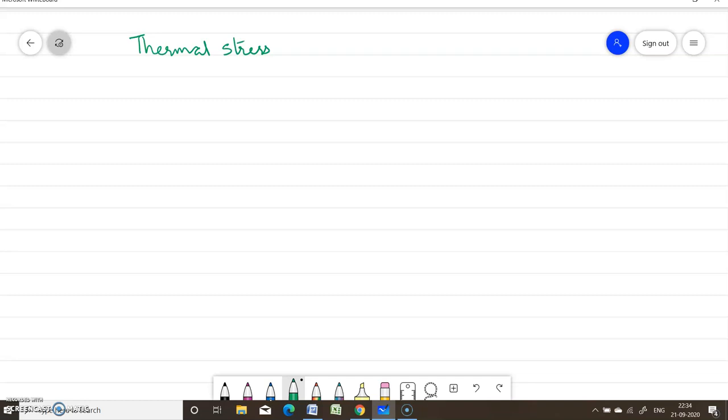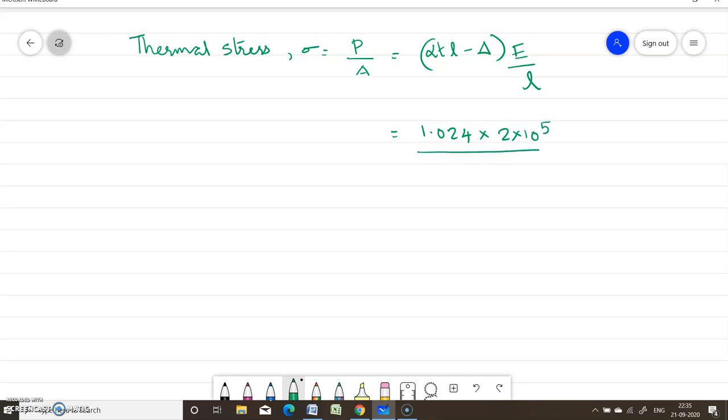Thermal stress sigma, which is equal to P by A, you have got the equation, alpha into T into L minus delta, into E by L. So you have got this value as 1.024 into 2 into 10 raised to 5 divided by L, where L is equal to 12.6 into 10 raised to 3 millimeter.